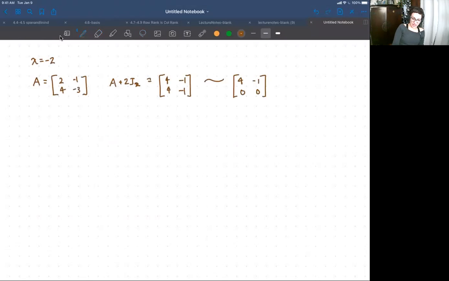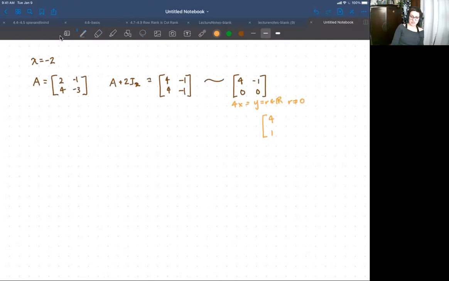And what this tells me is, I'll do this one in orange, I can let y be any real number that's non-zero. And this tells me that 4x is going to be equal to y. Sorry, I don't know why I'm stumbling over this here. So I've got 4 and 1 in here.